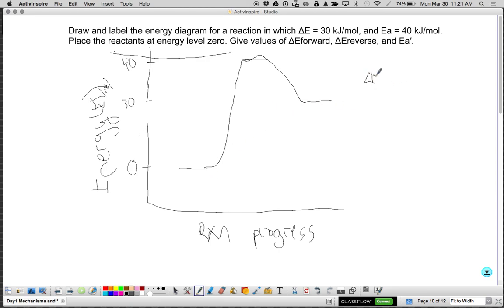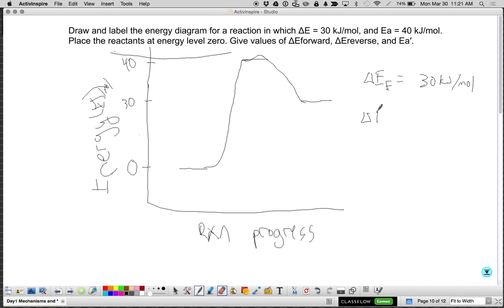So delta E forward, sorry, that needs to be an F. Delta E forward is the given, 30 kilojoules per mole.